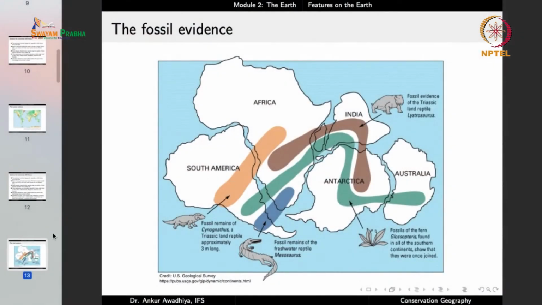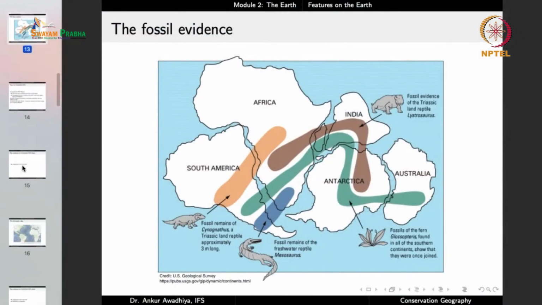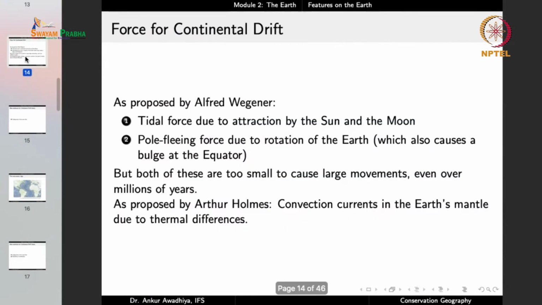So when you have removed the impossible, whatever remains, however improbable, must be the truth. So in this case, when we have removed the other possibilities, whatever remains, that is, the continents should have been together, so that must be the truth. So this is the continental drift theory, that continents earlier were together, later they split, and they are now in the current position. But then what causes these continents to move?